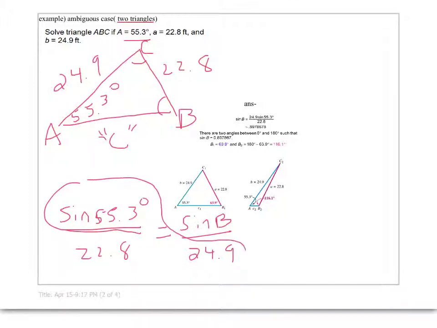Cross multiply and try to get sine of B isolated. I'll hit pause as you do that. So we arrive at 0.8979. Now I'm going to hit inverse sine of that number. So we're looking at pretty close to 63.9 degrees for B.